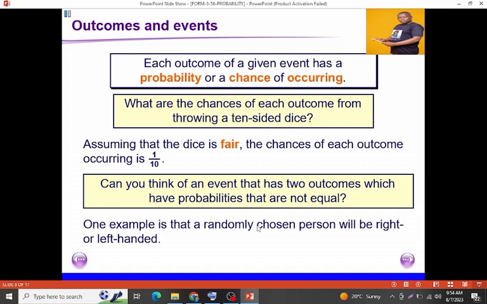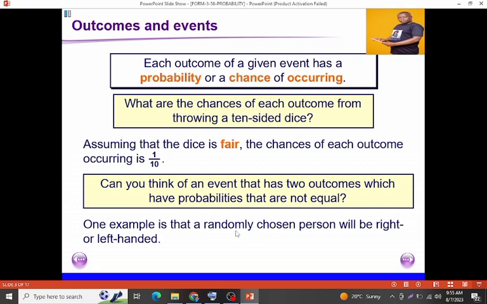All right? Let's say there are 2 people who are left-handed out of maybe 60. So the probability of a person called out at random being left-handed is going to be maybe 2 out of 60. And that is not equal to the probability that another person picked at random is going to be right-handed.